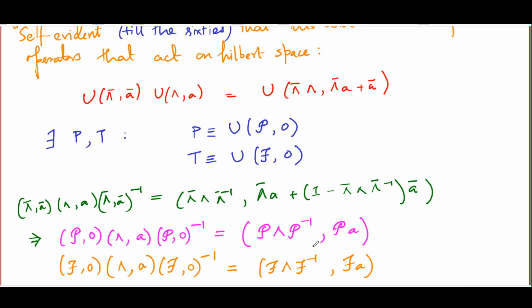All you have to do is put A bar equal to 0 and substitute in place of lambda bar either curly P or curly T, and you're going to get this result.